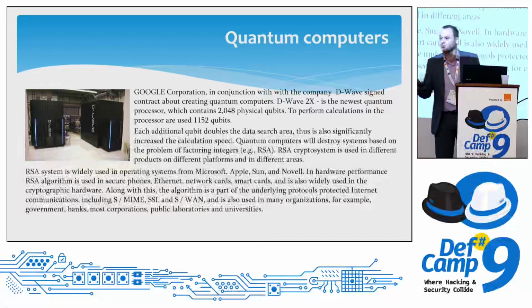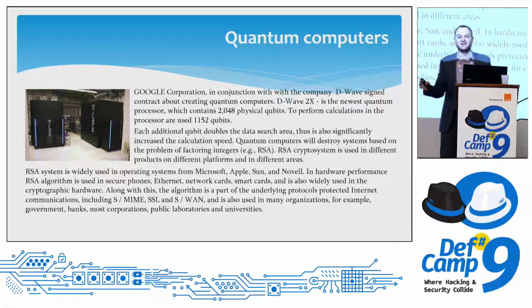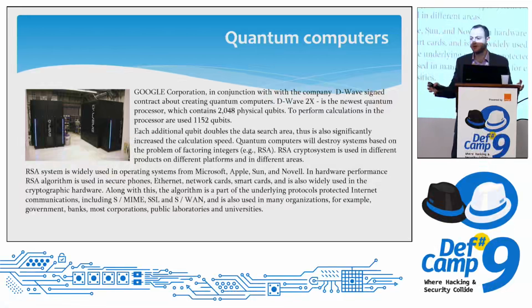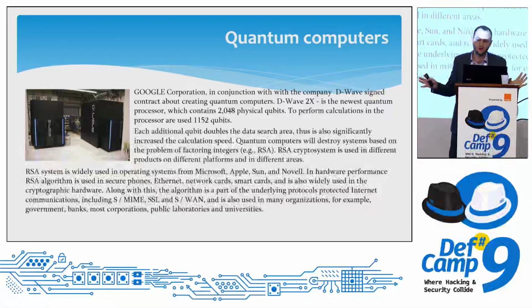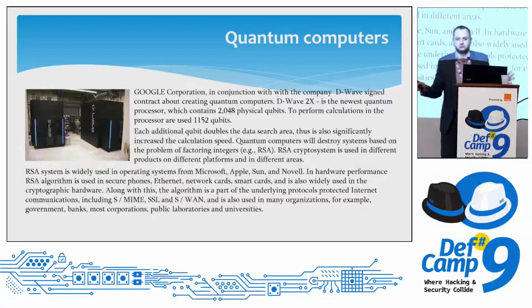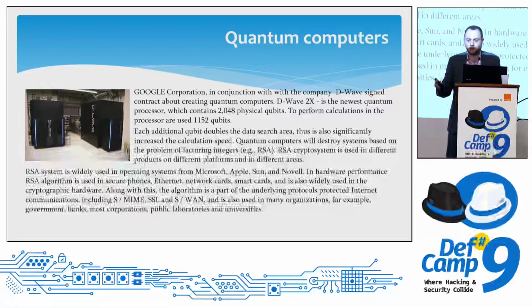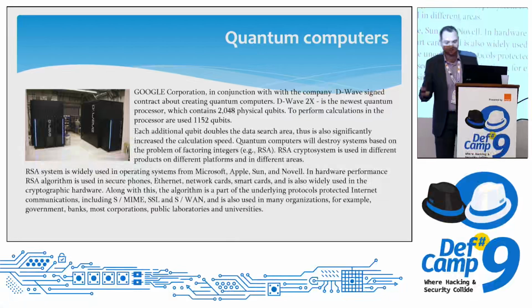And quantum computers can easily break it. How do they break it? They can easily solve the factorization problem. It's a great problem today, that it will break RSA, and a lot of products will be really vulnerable.